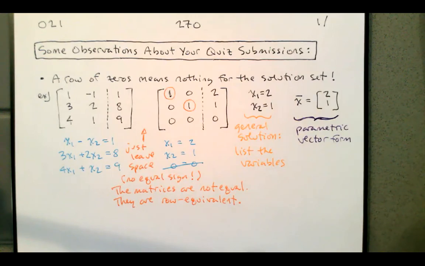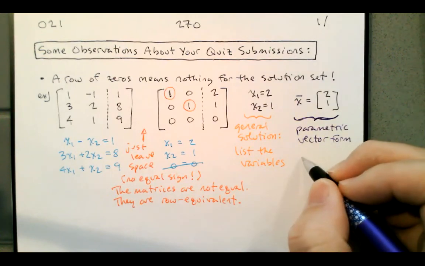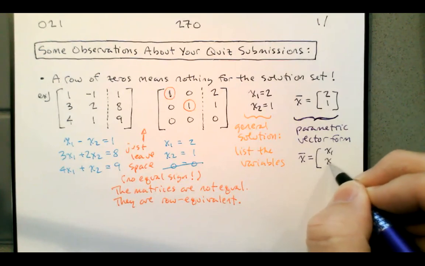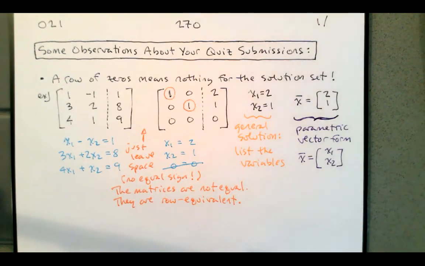But in parametric vector form, you just gather up the list of the variables, x1, x2, x3, x4, and then separate them out into individual vectors. Hard to see in this one because we had a unique solution, but that's that. So that's the first thing I want to point out.